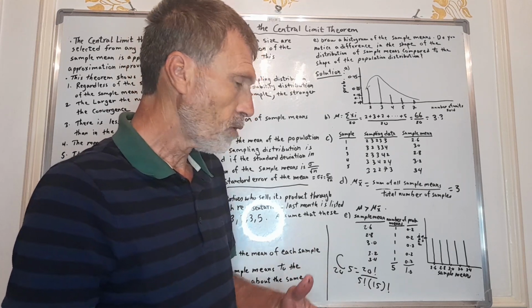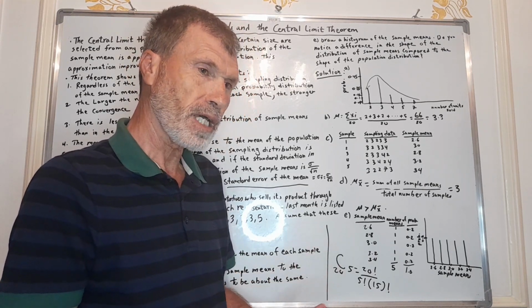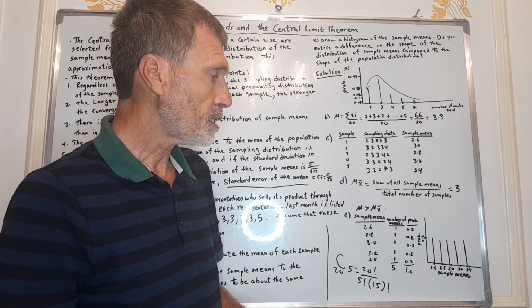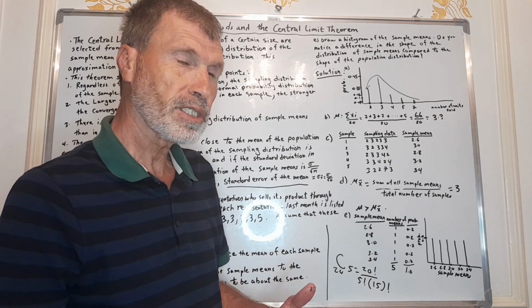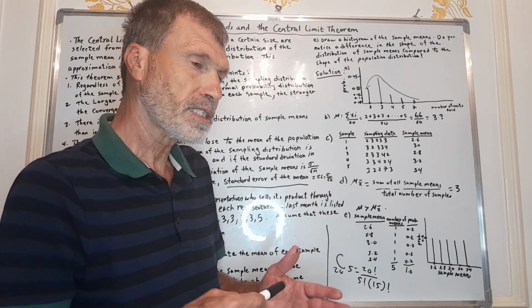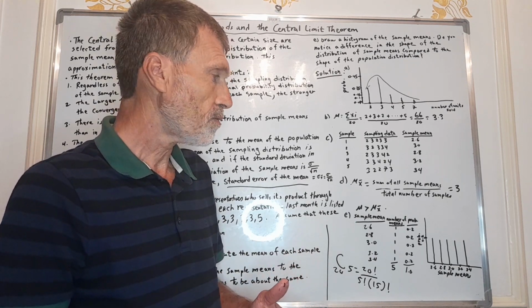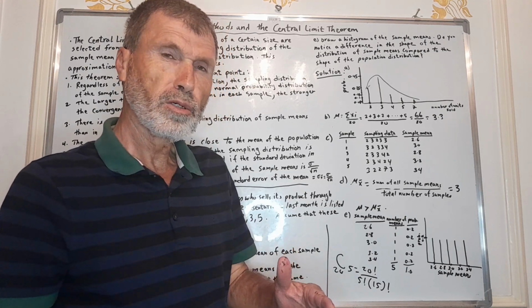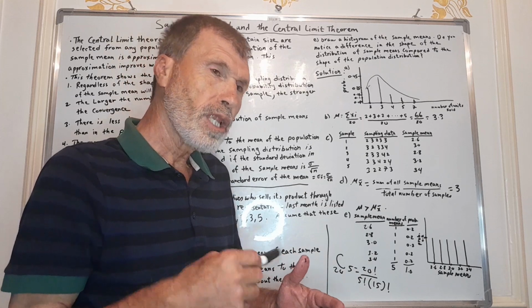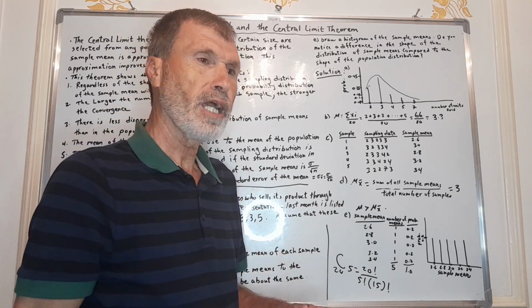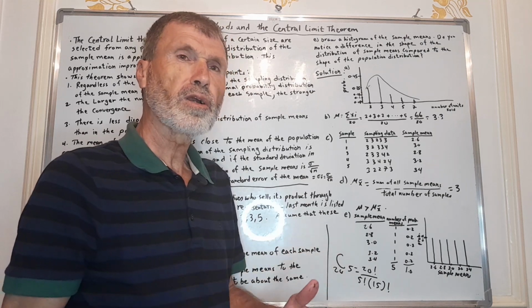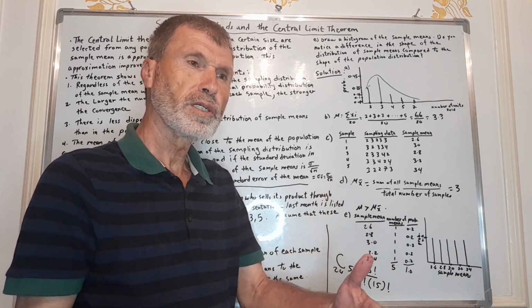When you increase the size of each sample, you're going to expect the central limit theorem to work. So you're going to expect this distribution of the sample means to look like the normal distribution. So the larger the size of each sample, the stronger the convergence to a normal distribution.